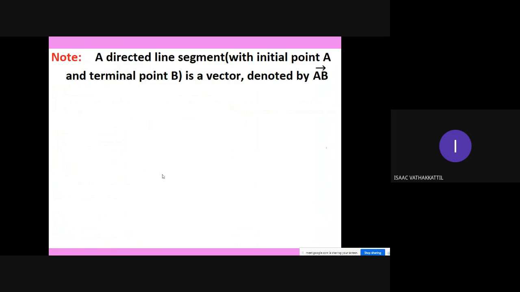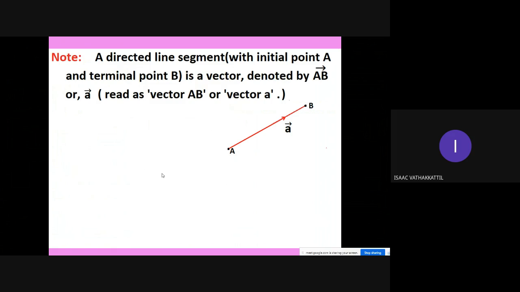Suppose the initial point is A and the terminal point is B, it is denoted by vector AB, with an arrow above AB. Vector AB I can also just denote by a small a. We can read it vector AB or vector a. A is the initial point, B is the terminal point.